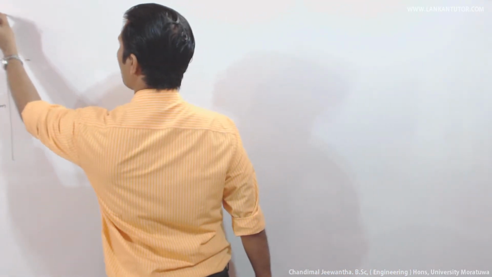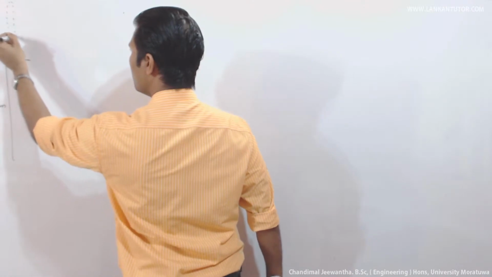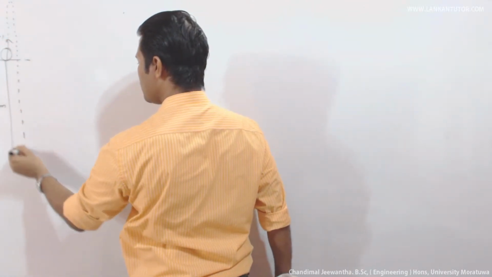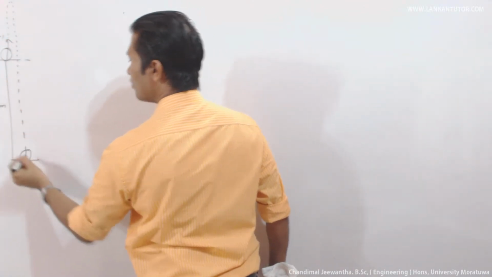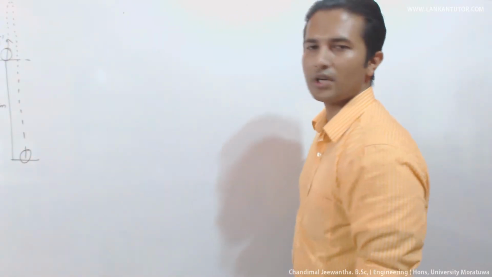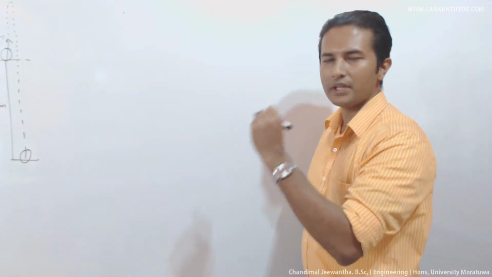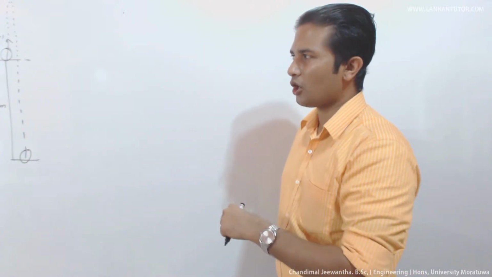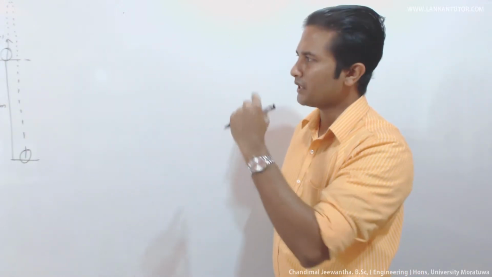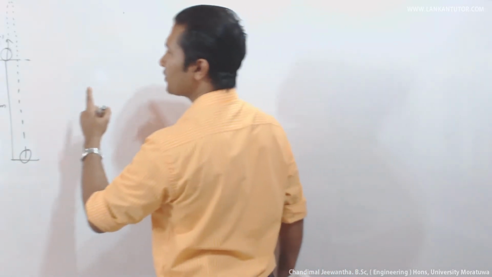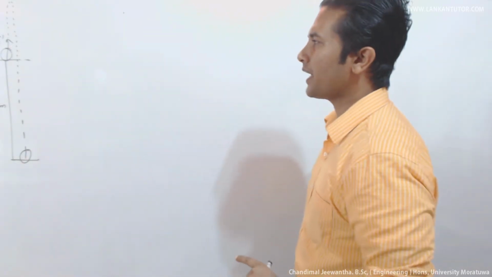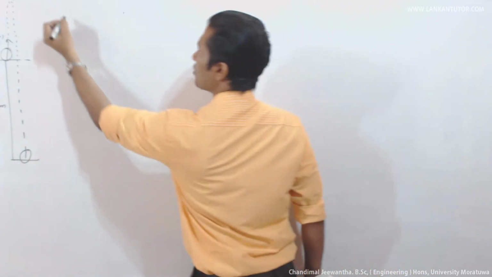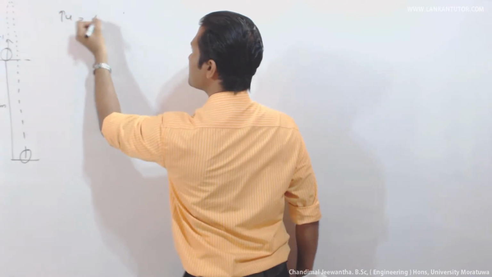Then what happens? The object moves upwards and reaches the ground level. So what would be the positive direction here? Since the object moves upwards initially, you have to consider the upward direction as the positive direction. So the initial velocity is 60.